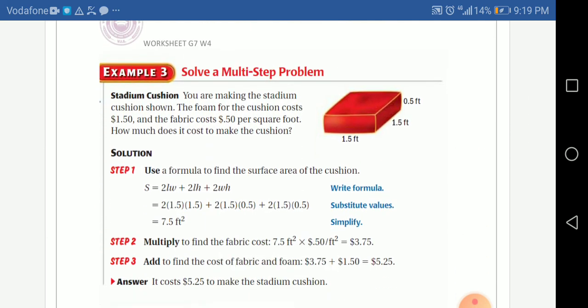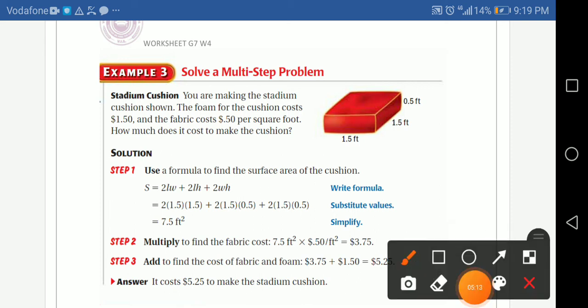We've got another example, a word problem. You are making a stadium cushion. The foam for the cushion costs $1.50. The fabric costs $0.50 per square foot. How much does it cost to make the cushion? So use the formula. Can you see the dimensions given? Length, width and height.